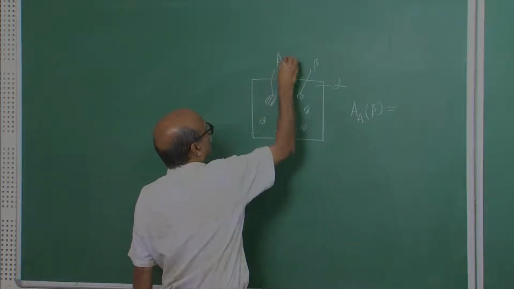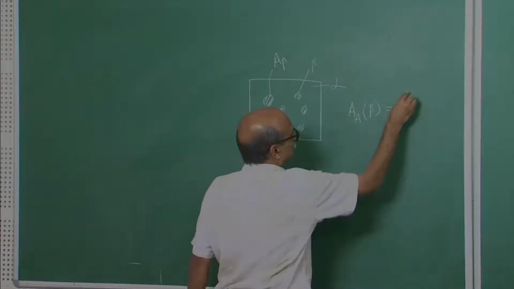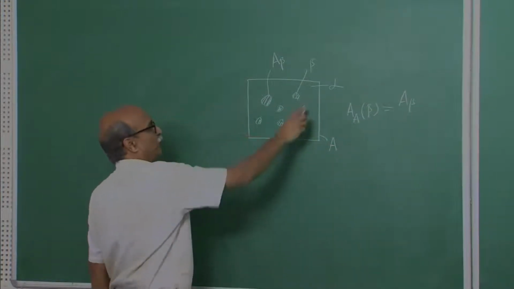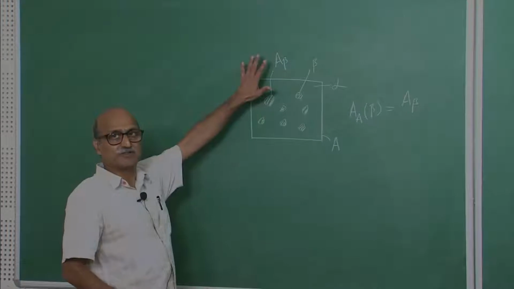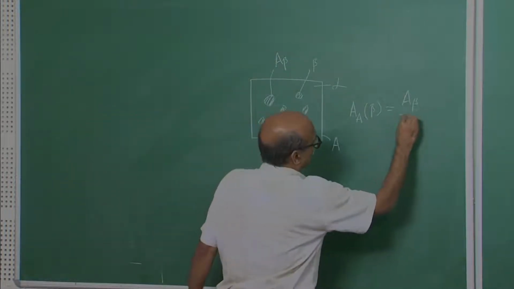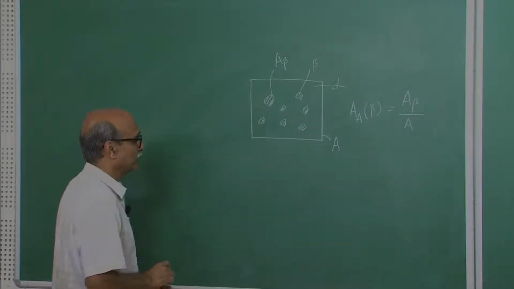So, this could add up to total area of the beta phase, let us say, A beta, divided by the total area of the image over which I am measuring this parameter. So, this divided by the total area gives me the area fraction of beta.